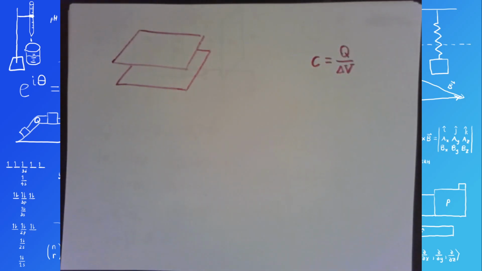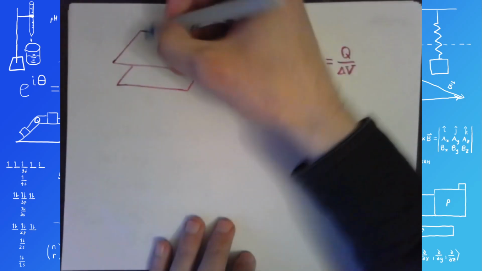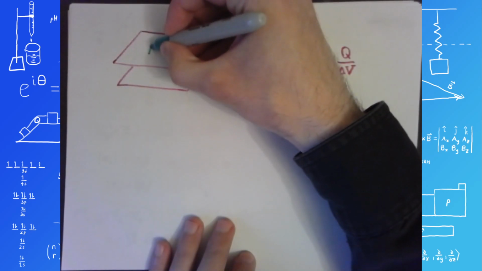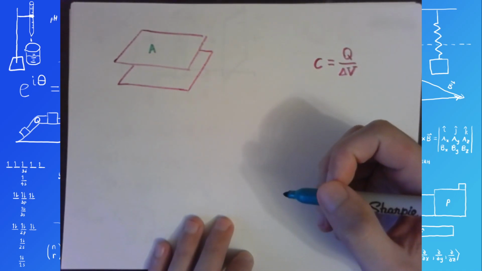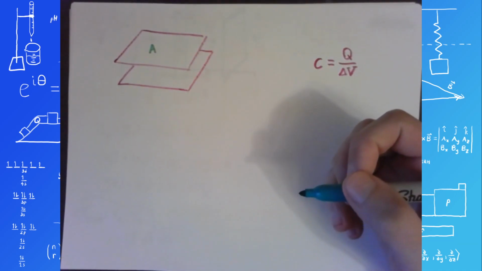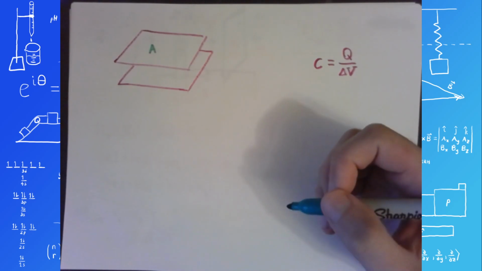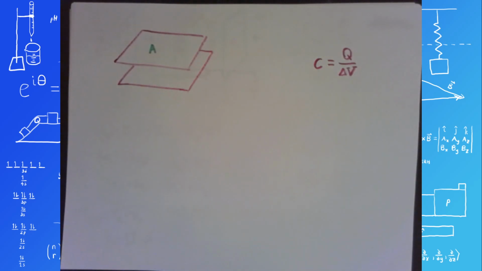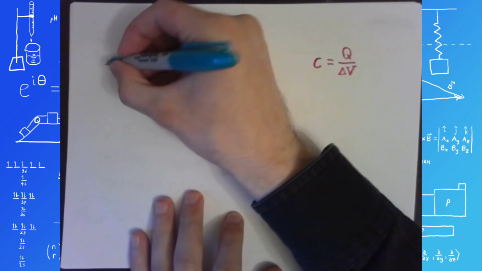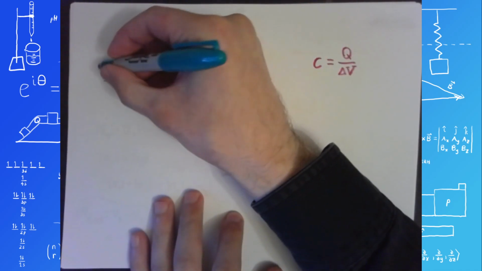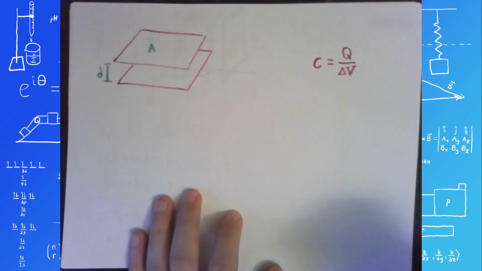They're going to have some sort of area A. And they start off uncharged. Just two plain old sheets of metal with a little bit of a distance between them, D.